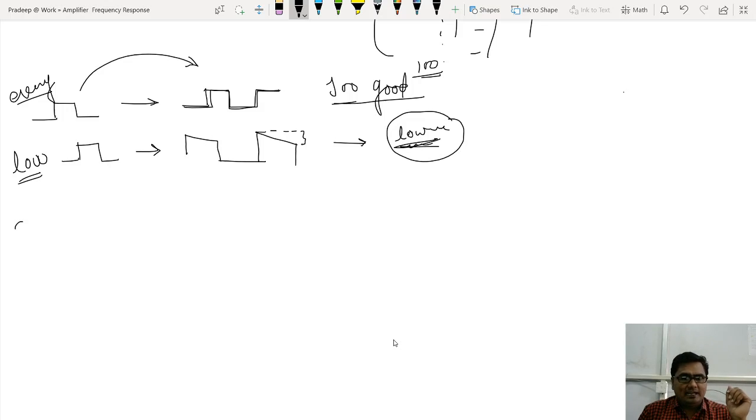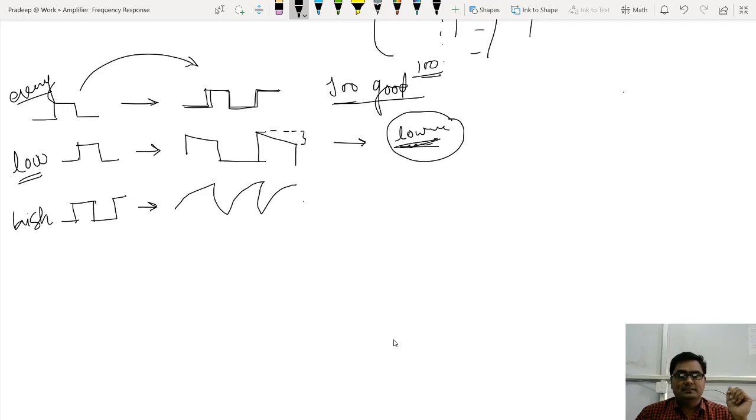Now leave it and apply the same signal at higher frequencies. Then at higher frequencies you will get this. Okay, let me draw the perfect one. At higher frequencies you will get that kind of waveform, a sawtooth type of waveform.